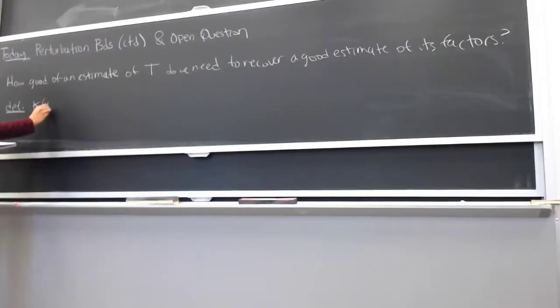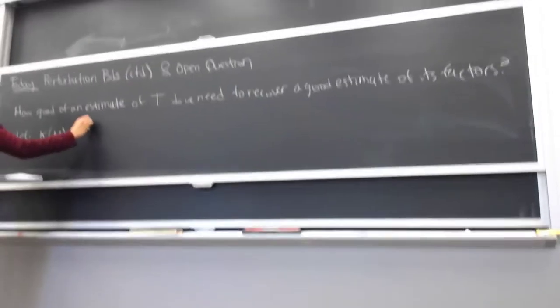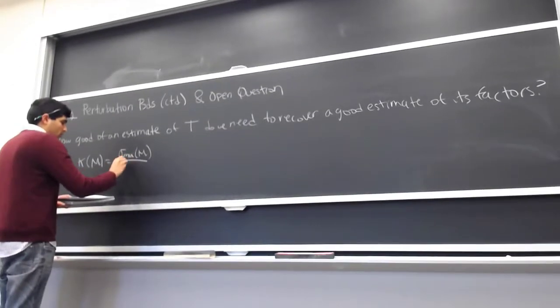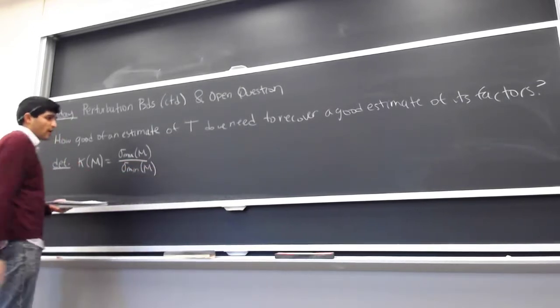But the condition number of some matrix was just the ratio of its max singular value to its min singular value.